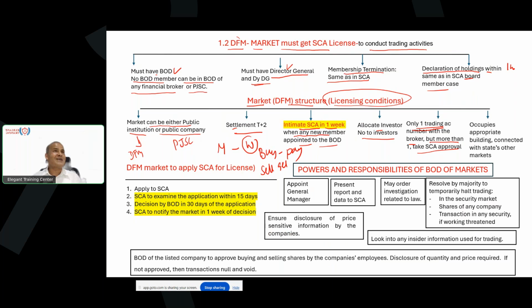Right? You cannot have two trading account numbers with the same broker. You can have multiple trading accounts with multiple brokers, not a problem. But in one broker, you cannot have two accounts. You can have, but you need SCA approval. What they said, only one trading account number with the broker, but more than one is possible, but you need SCA approval.